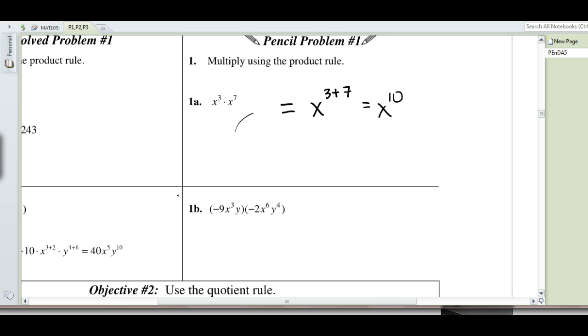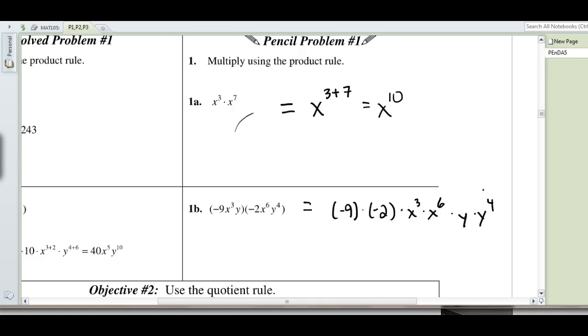1b is a little more complicated, and what we want to do here is always, if everything is multiplied together, put the things that look alike next to each other. So what do I mean? Let's put the regular numbers next to each other, -9 and -2, and then the x cubed next to the x to the 6th and the y next to the y to the 4th.